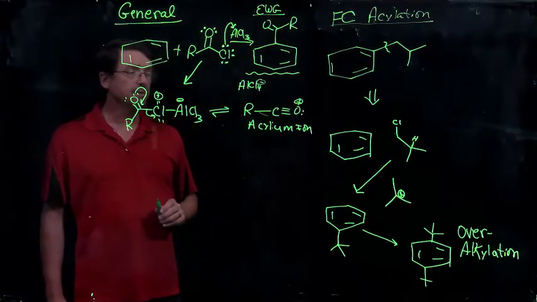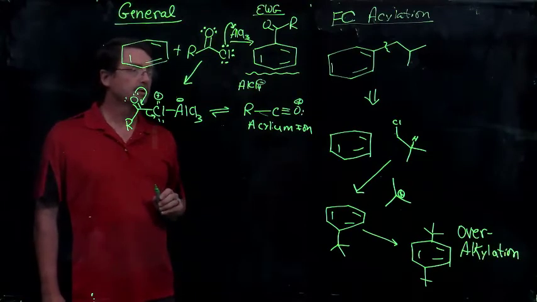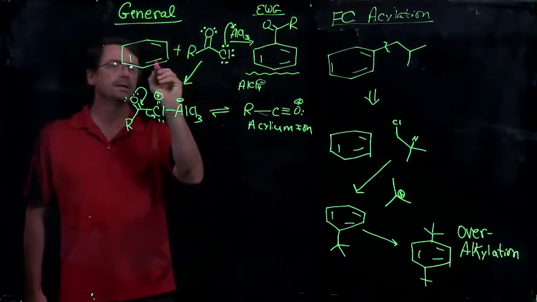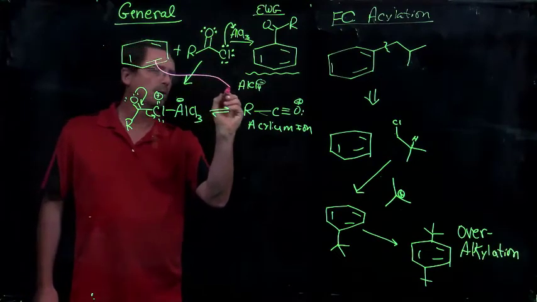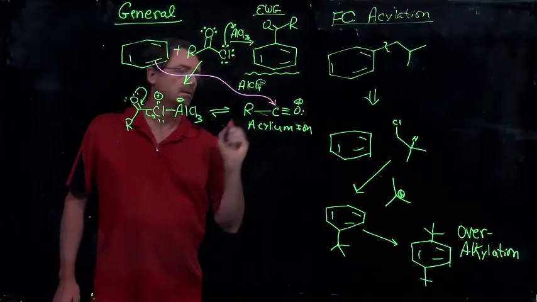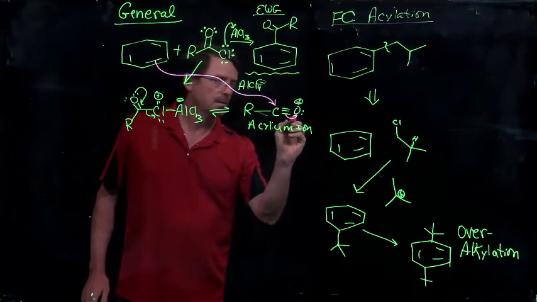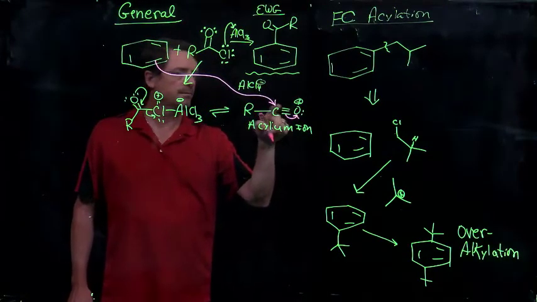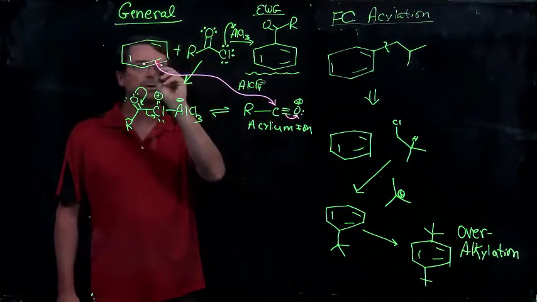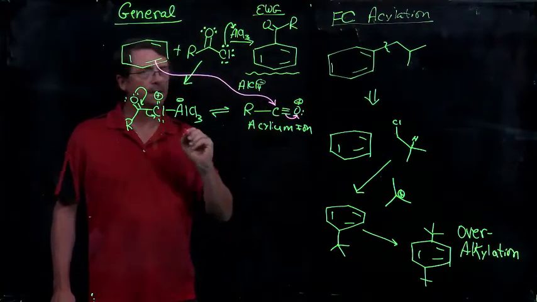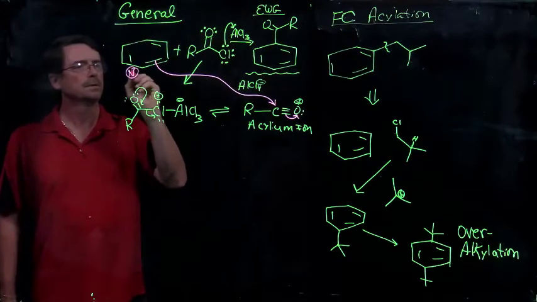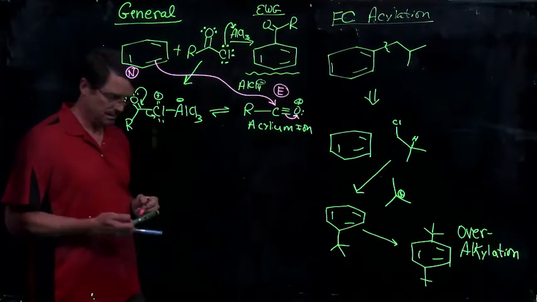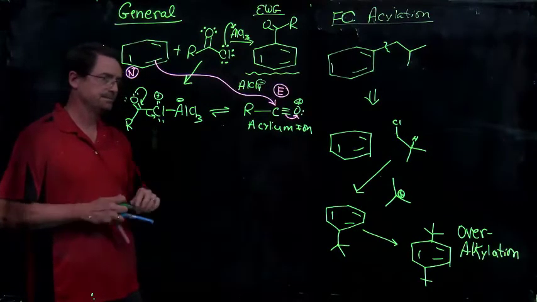This does not rearrange, but it is still a very good electrophile, and so then it will react with the benzene as we saw before. Now this carbon, if we look at it carefully, 1, 2, 3, 4 bonds, 8 electrons. So when my nucleophile attacks my electrophile, be able to identify those pairs.